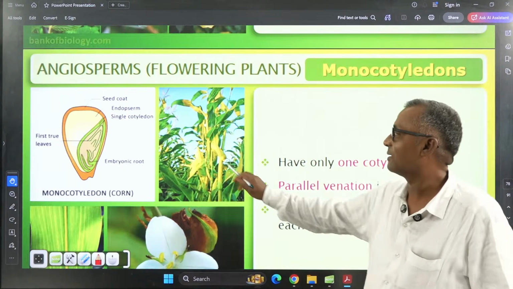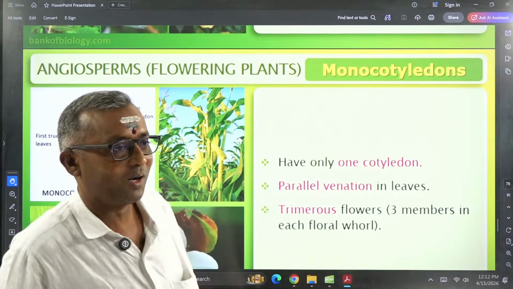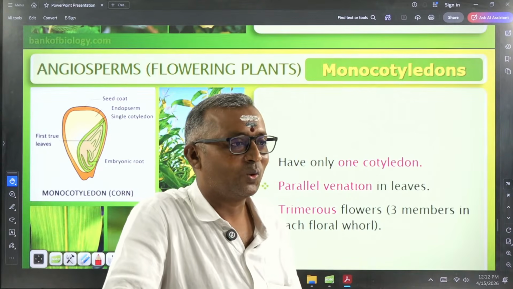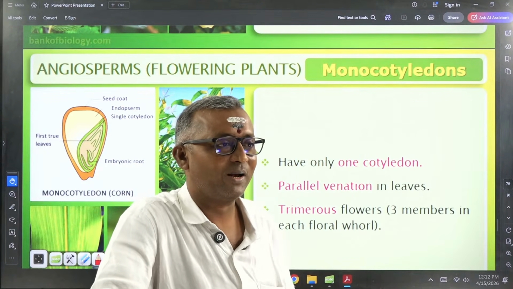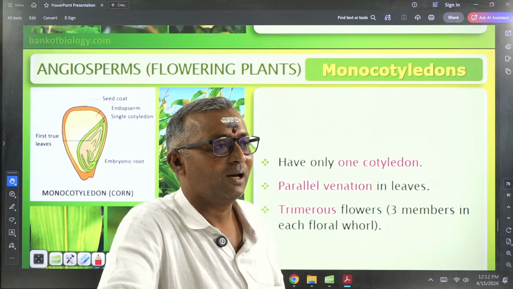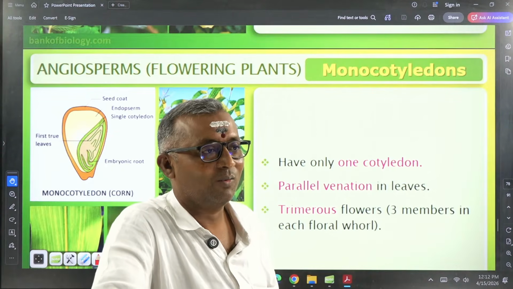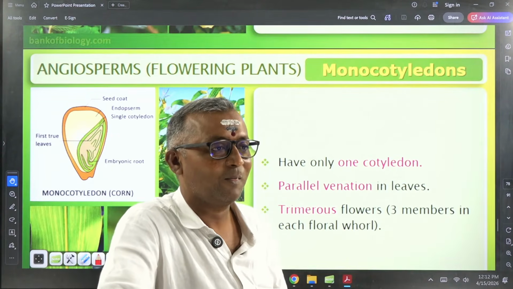It is corn plant. Do you know the botanical name of corn plant? Can anybody tell? No, it is not papaya, Miss Reda. It is corn. What is the botanical name of corn?